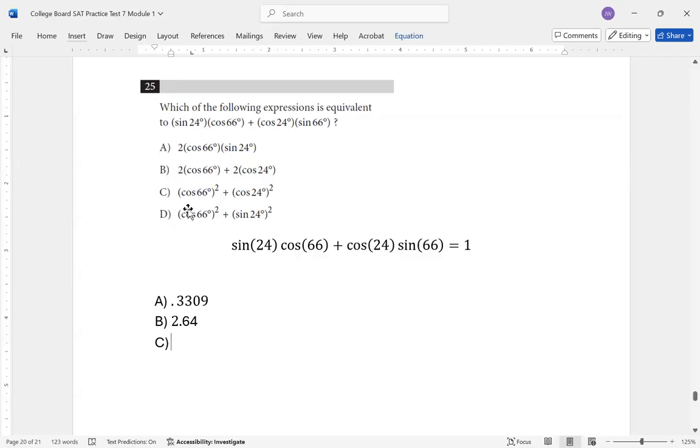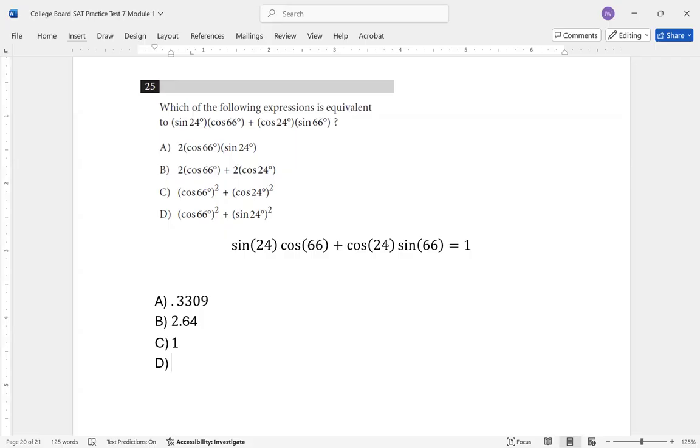When you do option C, cosine of 66 degrees squared plus cosine of 24 degrees squared, you actually get a 1. So now I can stop. C is the right answer, obviously.